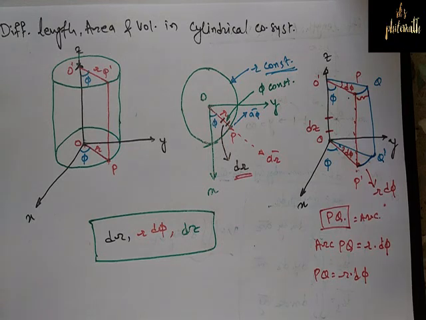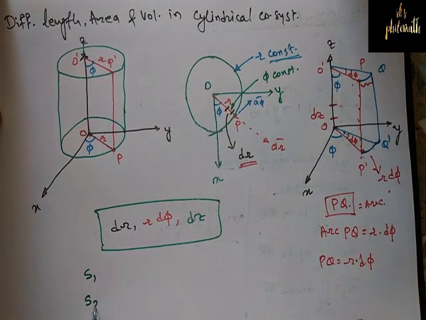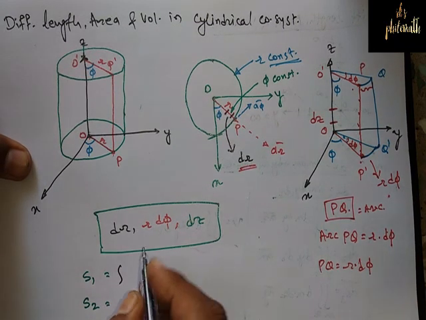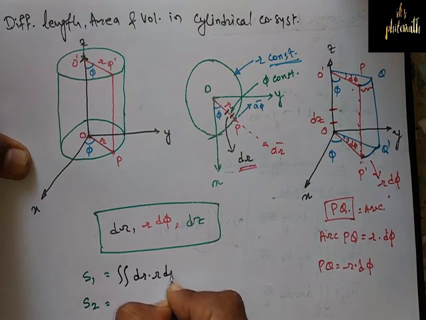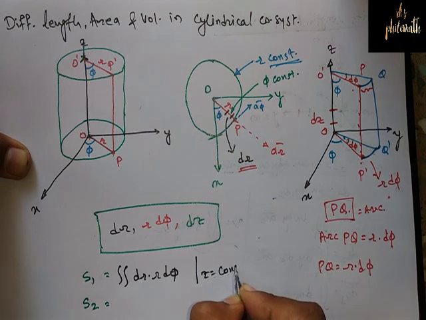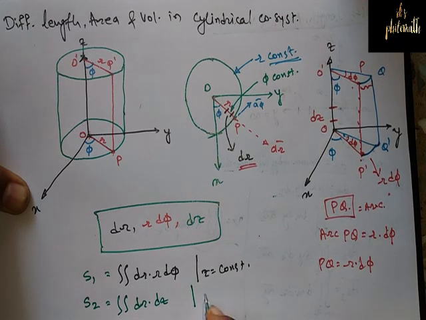Now calculate the differential surfaces: surface 1, surface 2 and surface 3. We can easily calculate the double integral of dr into r d phi, where z is constant. Second, the double integration of dr into dz, where phi is constant.